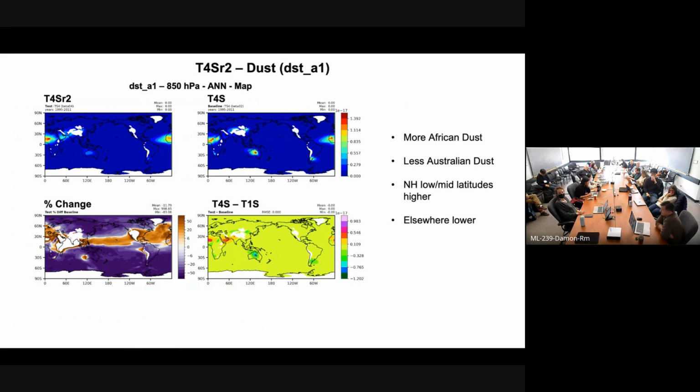And this is just a map plot at 850 hectopascals, and this just shows that we get a little bit more African dust, a little less Australian dust.